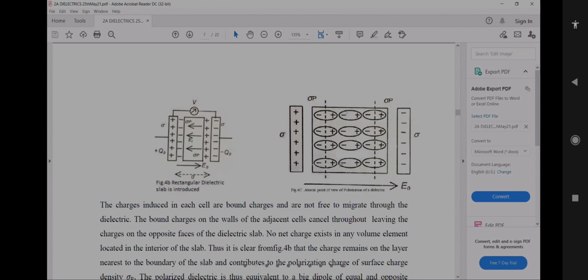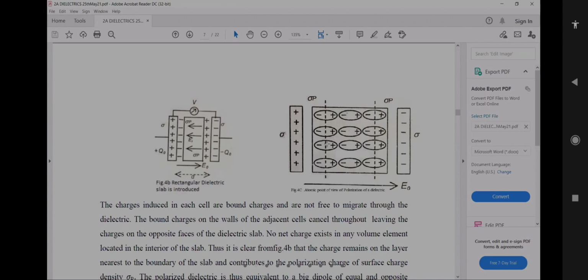Okay, like this. Here sigma is the surface charge density of the parallel plate capacitor, and sigma p is the induced surface charge density due to the polarization of the material.